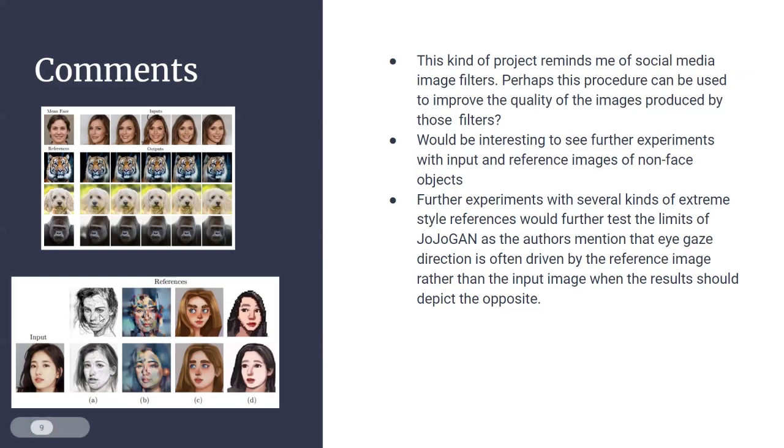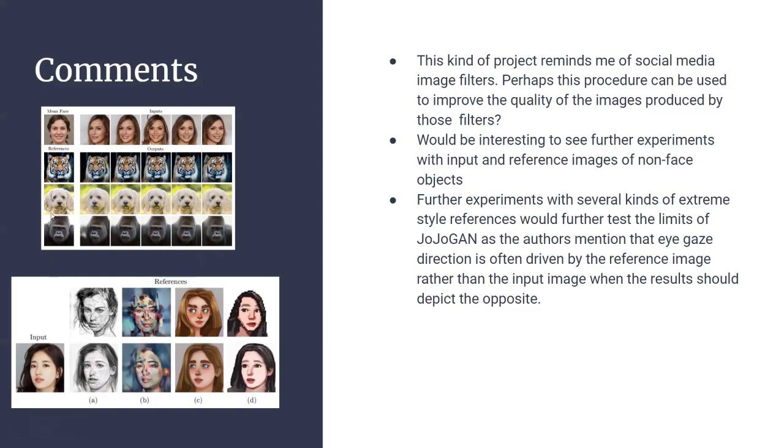So I'd like to see more different kinds of extreme style references, such as these ones: this one with the lines all over the face, and this one with puzzle pieces and pixels. These ones also count as extreme style references because the styles don't look human, they're animals.